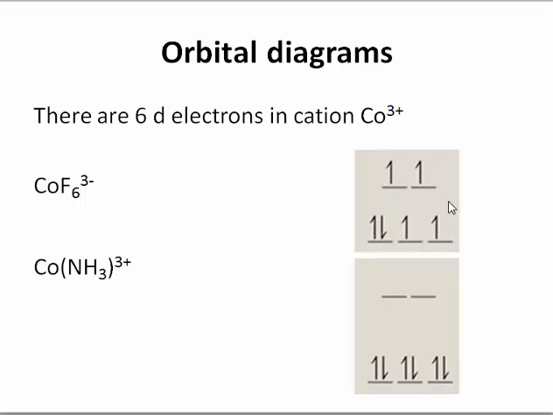Now there are 4 unpaired electrons in this species. Versus this low spin case, larger delta, all the electrons in the lower level pair before electrons begin to fill the upper level. So we have 6 paired electrons, or a diamagnetic electron configuration, for this species.